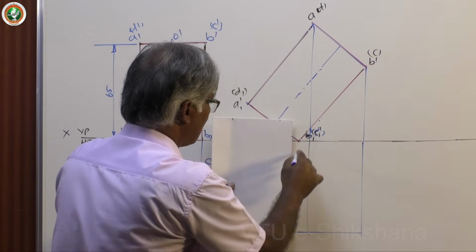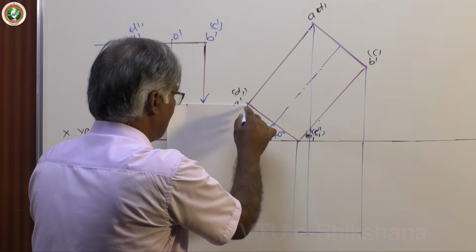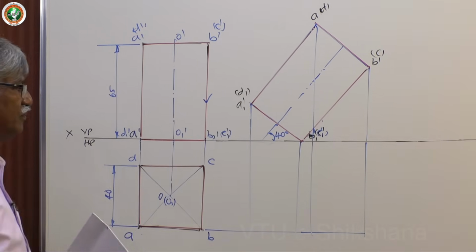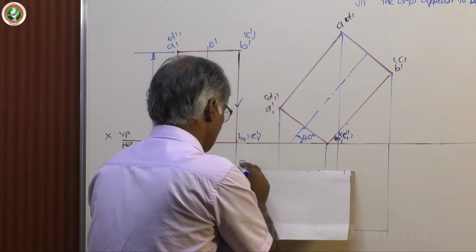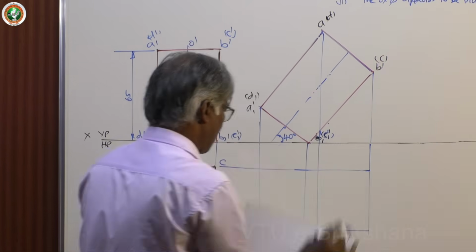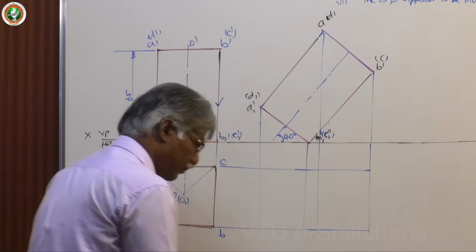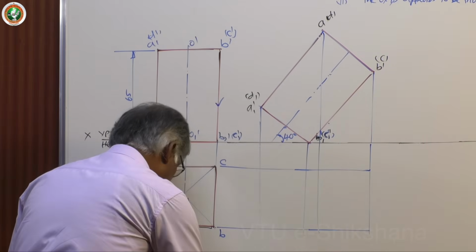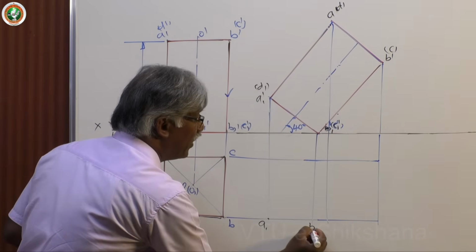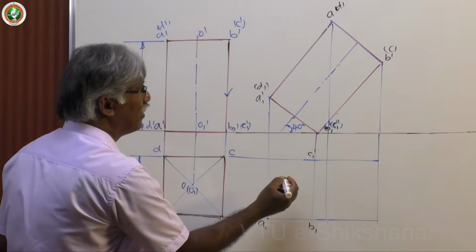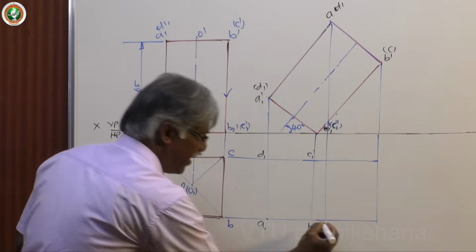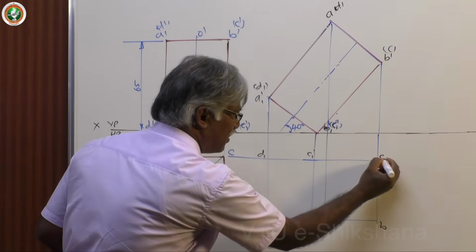This is for the top face and this is for the base. Now, we name these points. This is A1, B1, C1, D1. This is A, B, C, D.